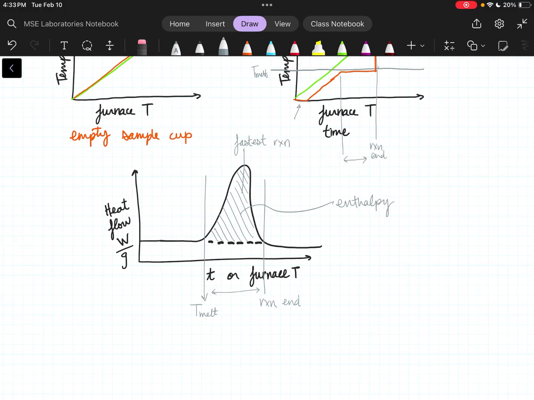Enthalpy of the reaction is the quantity of energy absorbed or released over the course of the reaction. So this is how much heat did that freezing water release into the oranges.